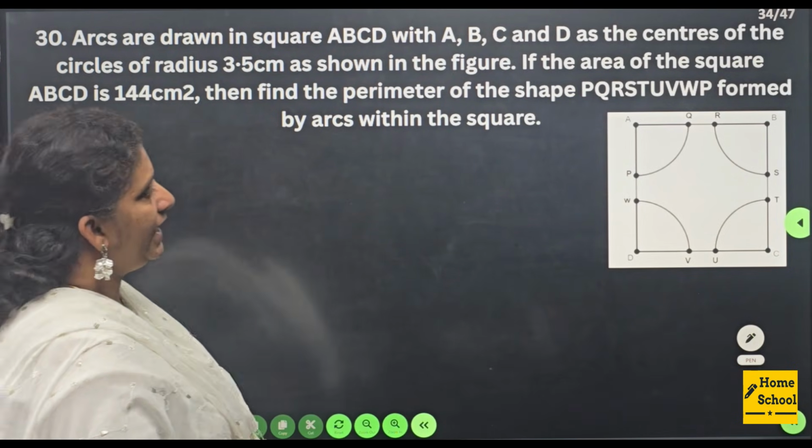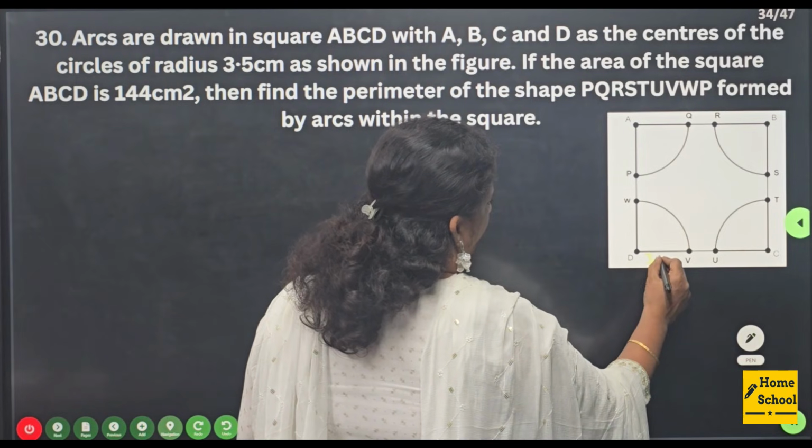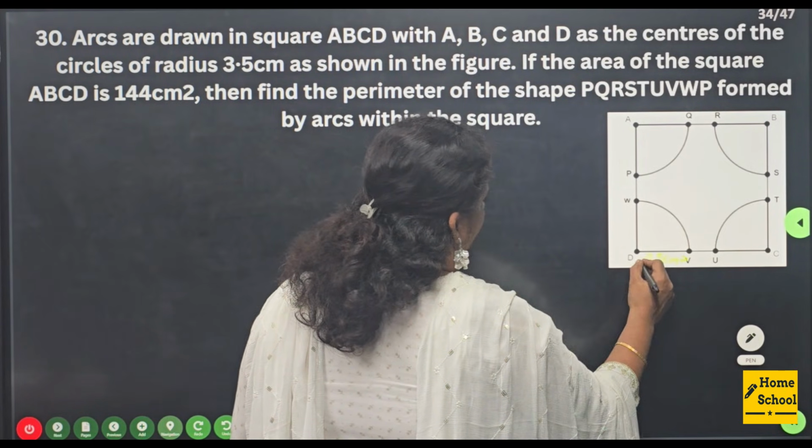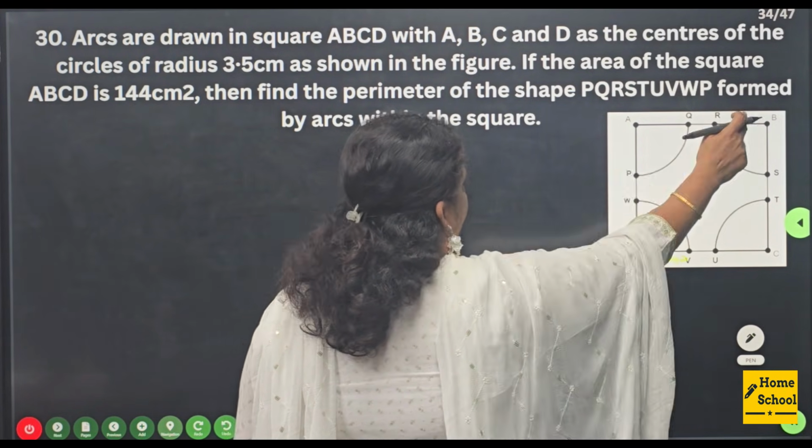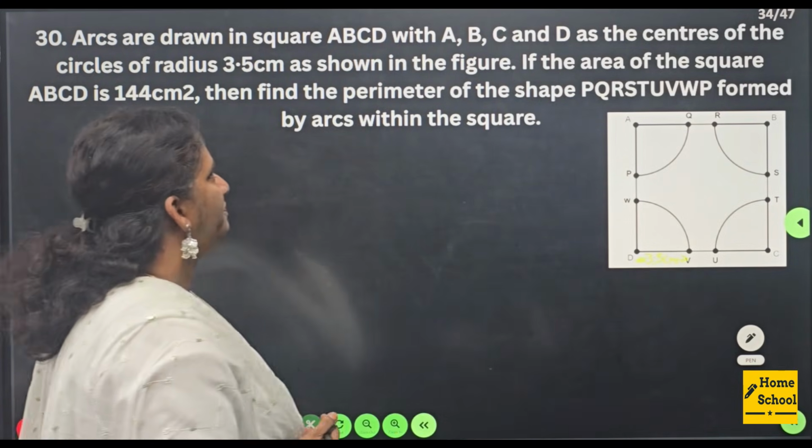Then what is the radius given? 3.5 centimeters. All the radii, this is 3.5, this is 3.5, this is also 3.5.